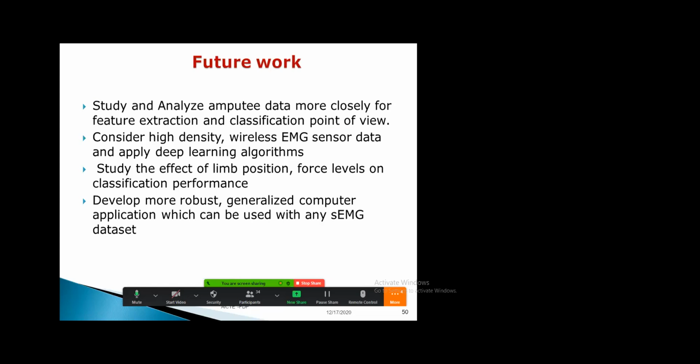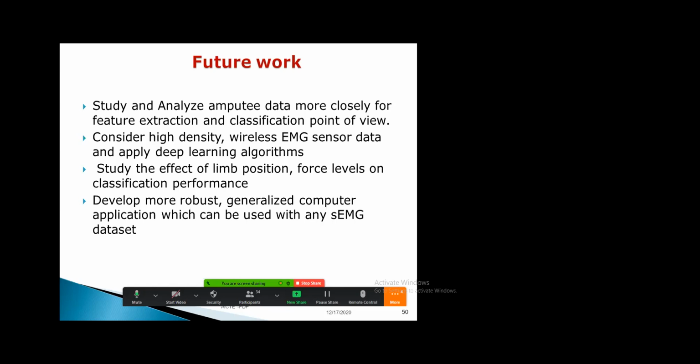Study and analyze amputee data more closely from the feature extraction and classification point of view. Definitely we need to collect more data. We need to start going to the hospital, or tie up with a hospital, for getting more data on amputees.